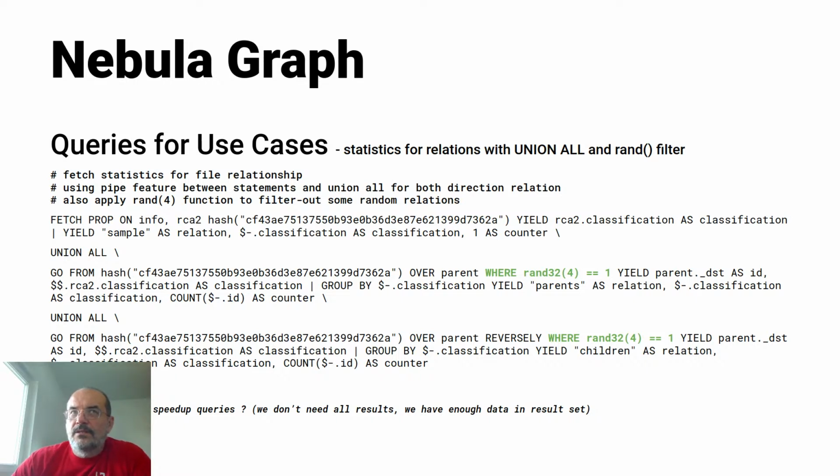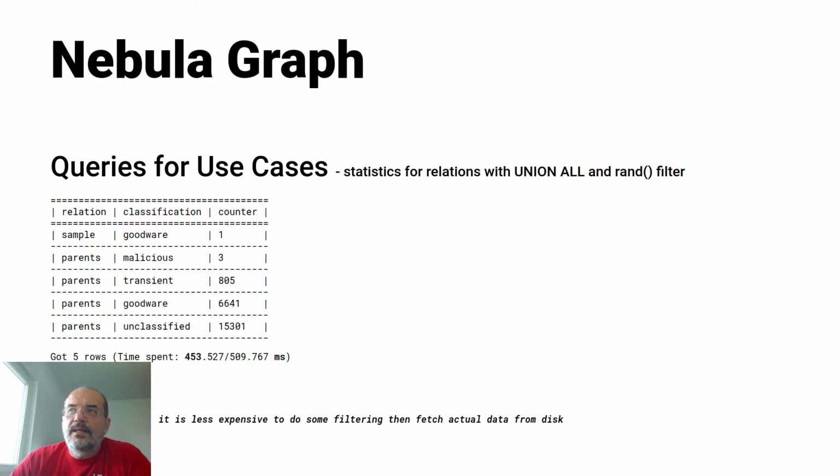Yeah, we don't need all the results, that 100,000. We need just a subset to see if we have enough, if we have different classifications in our hierarchy. And we got this as an answer. So it is around 3 times, and something, faster than executing on the whole data set.